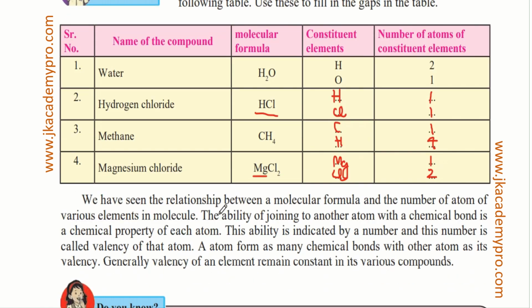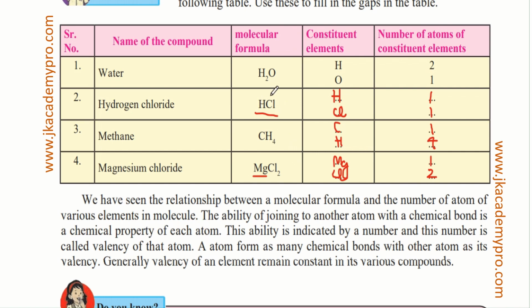We have seen the relationship between a molecular formula and the number of atoms of various elements in the molecule. So here, just by getting the molecular formula, we can easily tell what are the constituent elements and how many atoms are also present. The ability of joining to another atom with a chemical bond is a chemical property of each atom.